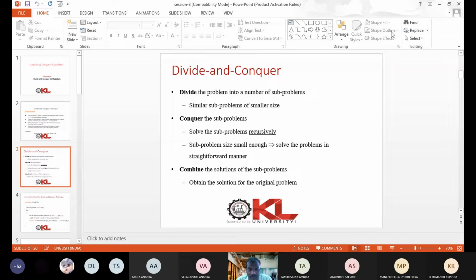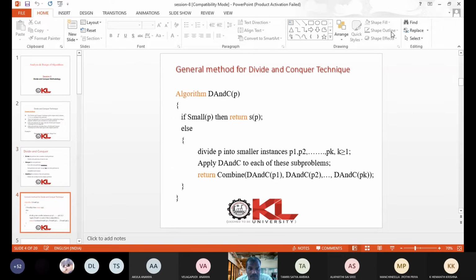Divide means the problem is divided into subproblems. Conquer means subproblems are solved recursively. Then in the combine phase, the solutions of the subproblems are combined to get the solution for the original problem. This is the algorithm for divide and conquer.